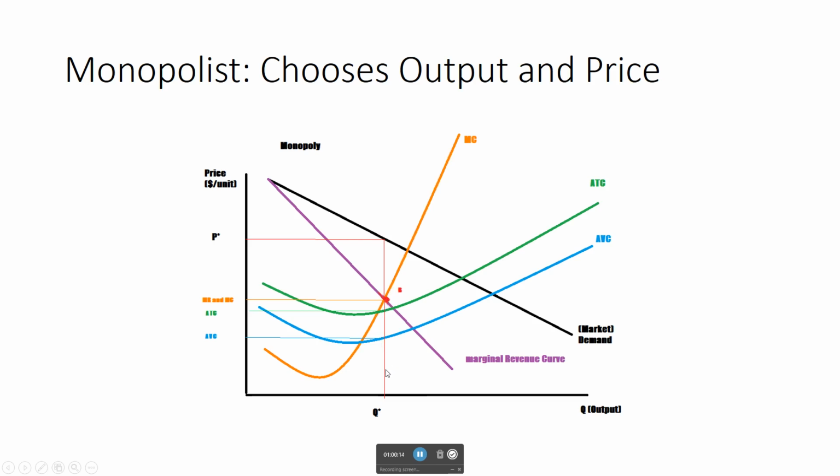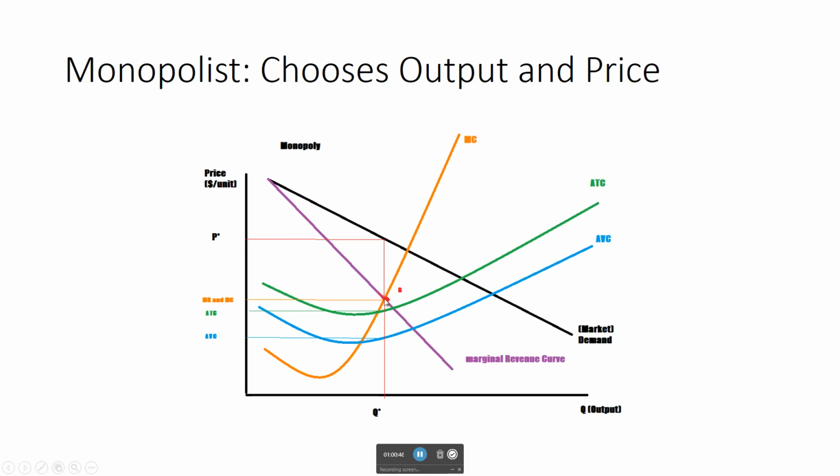That determines how much output they'll produce, Q star for the monopolist. If we take that quantity, which we got from where the marginal revenue curve equals marginal cost, and we go up to the demand curve, that determines the price that a monopolist will charge. So they'll charge this price and they'll sell this much output.